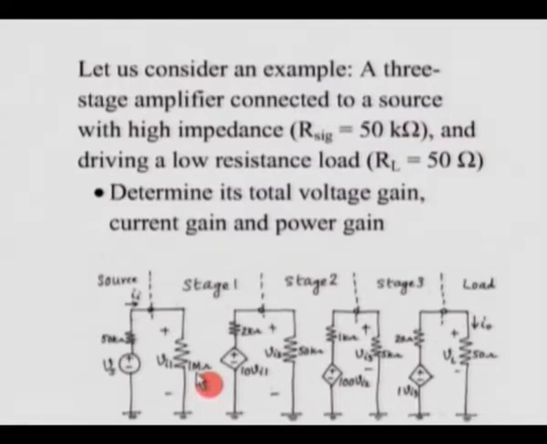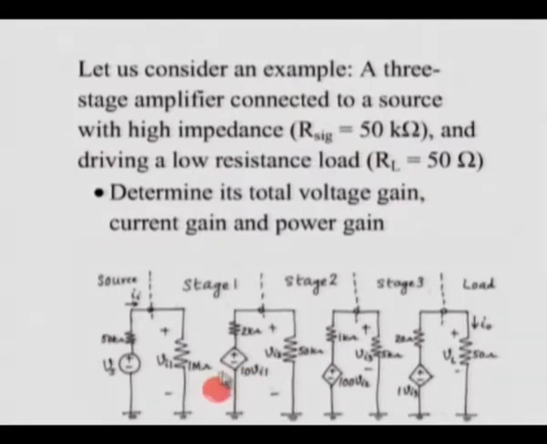This particular stage has an input resistance of 1 mega ohm. So, that satisfies that condition, but the gain is not that high. The voltage gain is only about 10 without load. Now, the second stage, if you see, the input resistance is not high. Compare the input resistance of the second stage with that of the first stage.